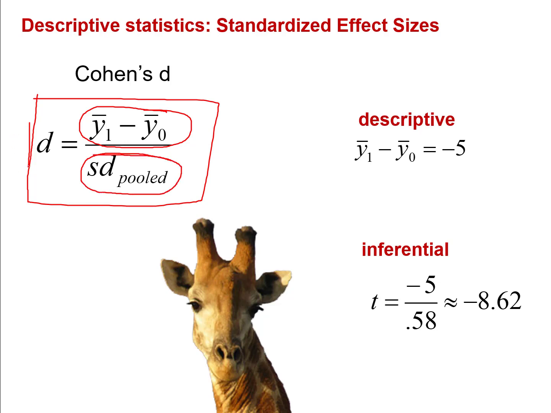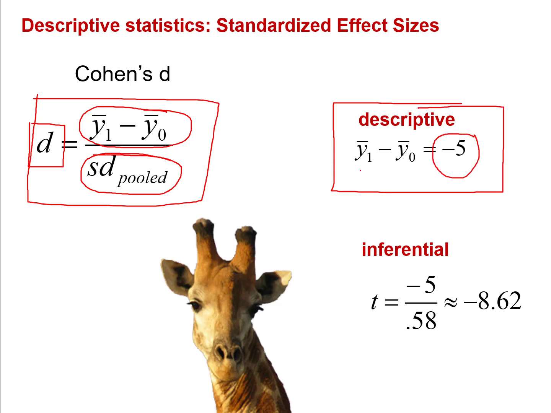That will give us our D statistic, which is a meaningful way to report the effect size. It's the meaningful way to report our descriptive statistic. This value of -5, the difference between the two means in raw score units, is hard to interpret. That's not very meaningful. But once we convert that into a D statistic, now we have something that's meaningful, something we can interpret.